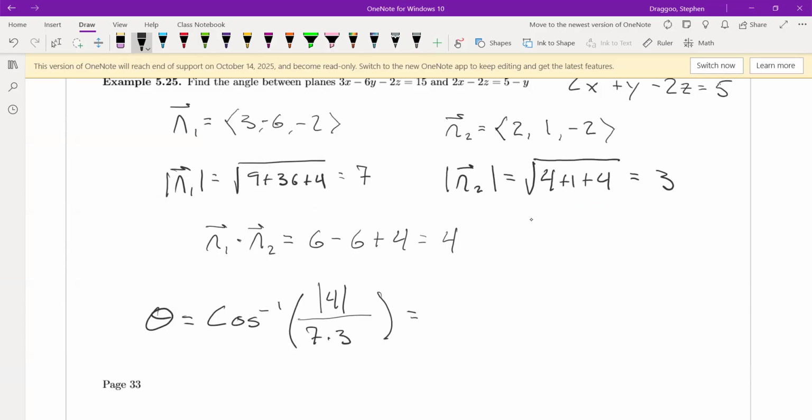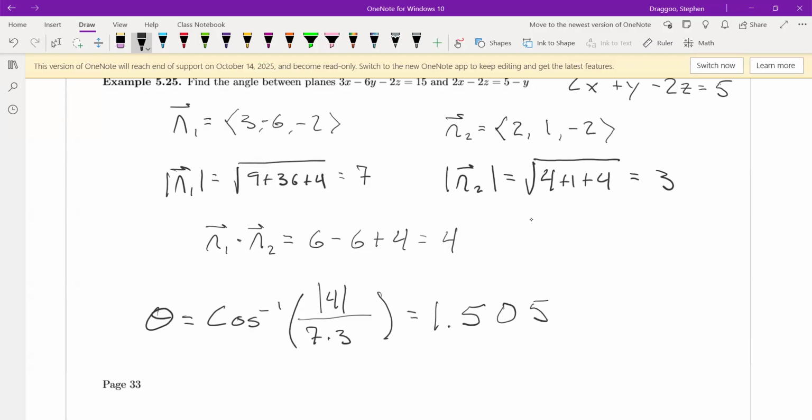Hopefully someone's got a calculator out there. That's pretty close to a 90-degree angle, so I bet this is like 1.5-ish radians. Maybe 1.50. I would only be guessing if I put a third number on there. 5?